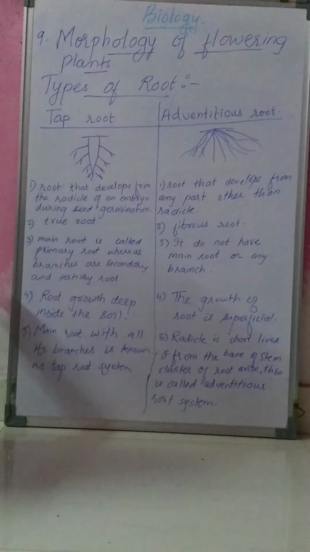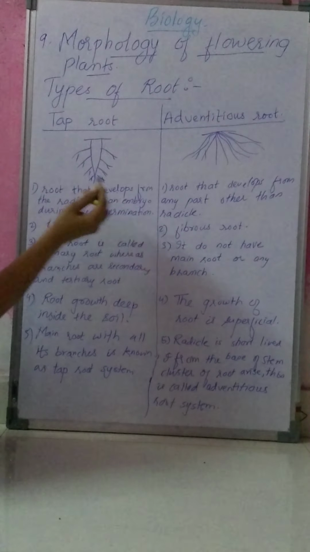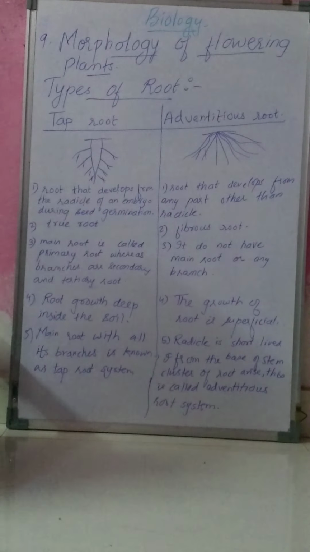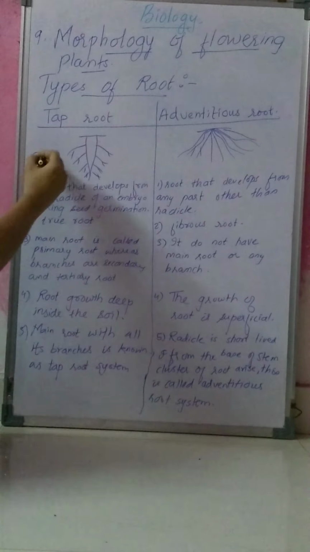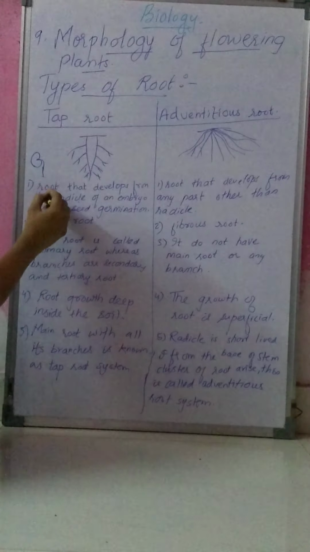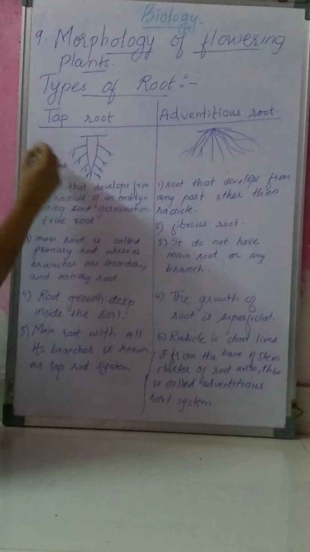So first, what is taproot? The root that develops from the radical of an embryo during seed germination is called taproot. See, this is a seed, and from the seed arises the radical. So the root that develops from the radical of an embryo during seed germination, here is the embryo.